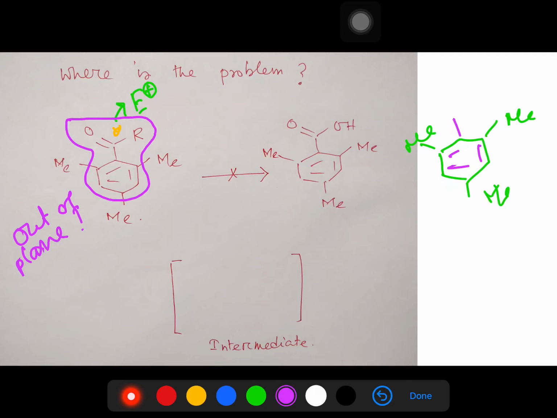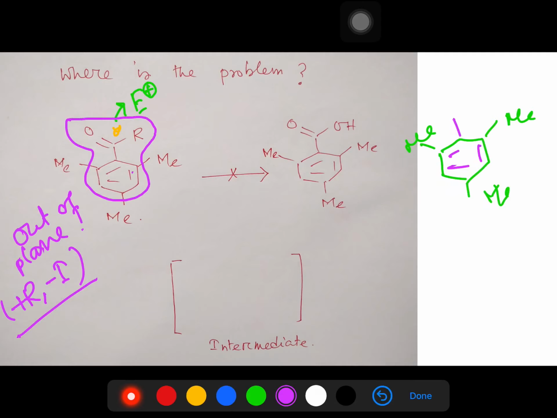Okay, so out of plane, and we know that the phenyl group has two effects, one is plus R effect, another is minus I effect. So in this case both effects are possible. One is minus I because of this sp2 carbon, another is plus R because of the pi cloud.